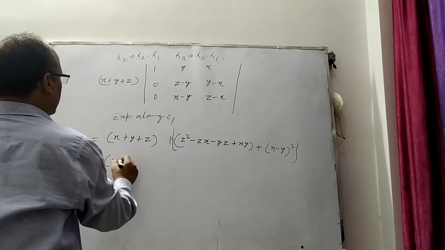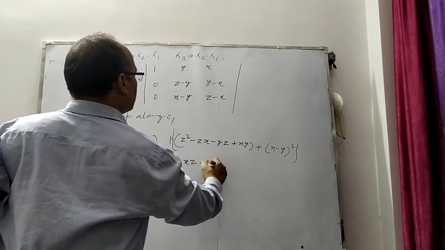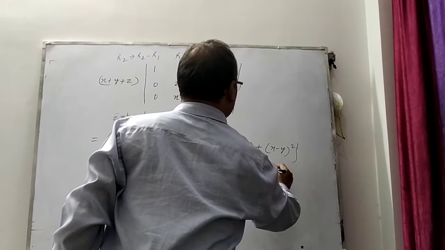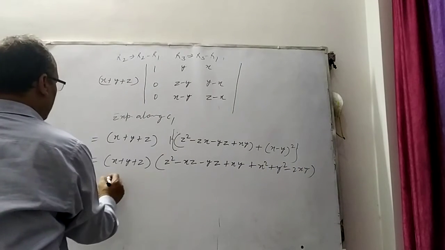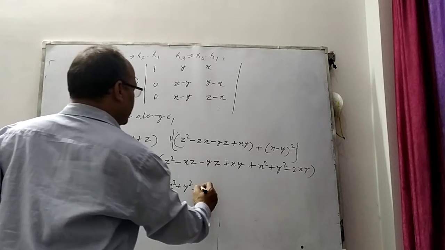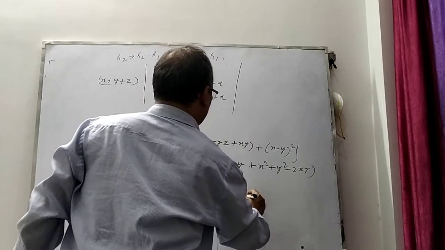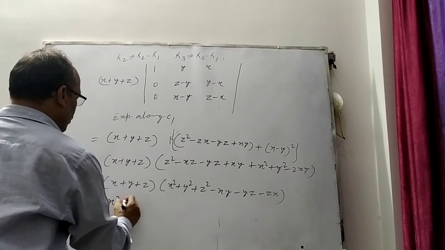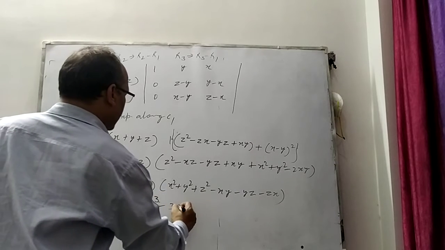This will be (x plus y plus z) times (z square minus xz minus yz plus xy, plus x square plus y square minus 2xy), which is (x plus y plus z)(x square plus y square plus z square minus xy minus yz minus zx), equal to x cube plus y cube plus z cube minus 3xyz.